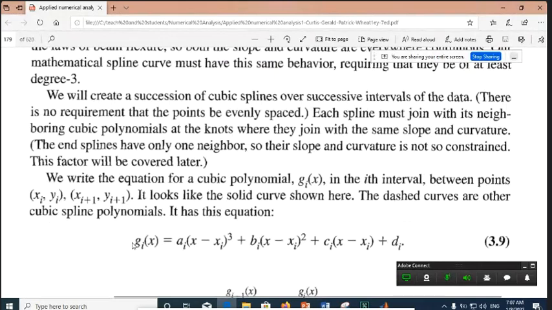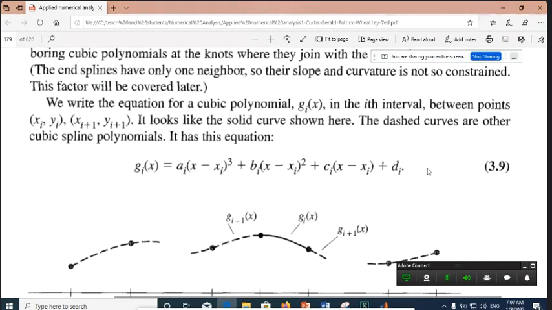In general, a spline of degree 3 is as in equation 3.9: g_i(x) = a_i(x - x_i)^3 + b_i(x - x_i)^2 + c_i(x - x_i) + d_i. This is a general formula for g(x), the cubic spline at the point x_i.